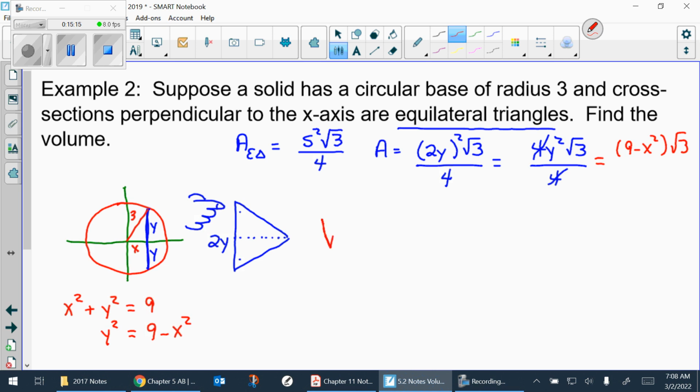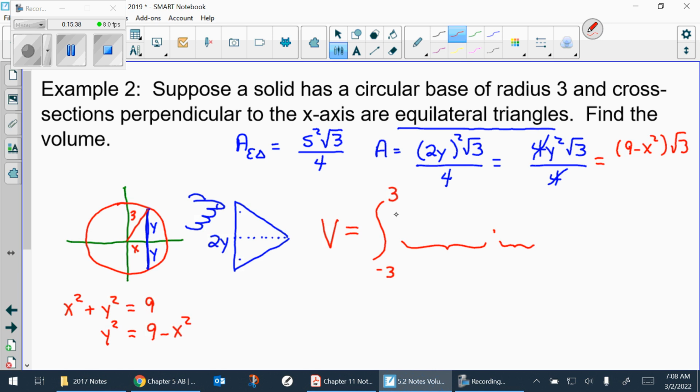Volume. Volume by cross-section. Now again, everything's in terms of x, and x's begin at negative 3. X's end at positive 3. And now I need my area times my thickness.